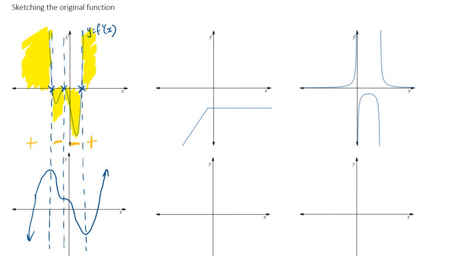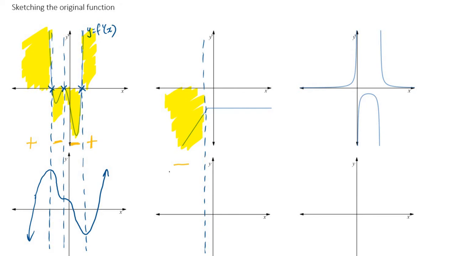In the next example, again, I'm going to split the piecewise function at the change in domain. And what we have here is a graph that is always negative, but getting less negative.